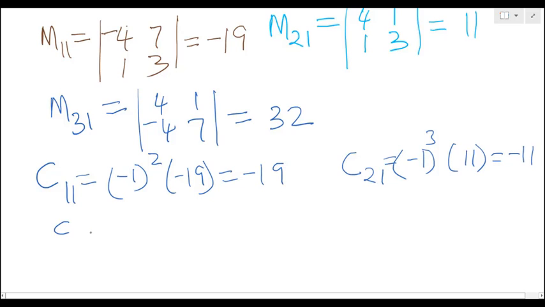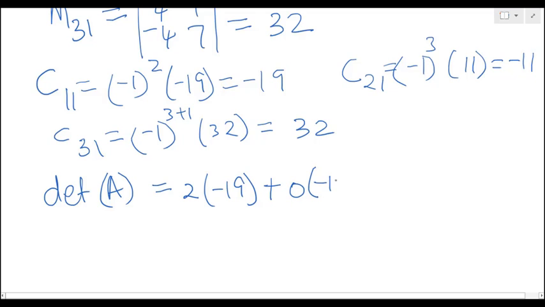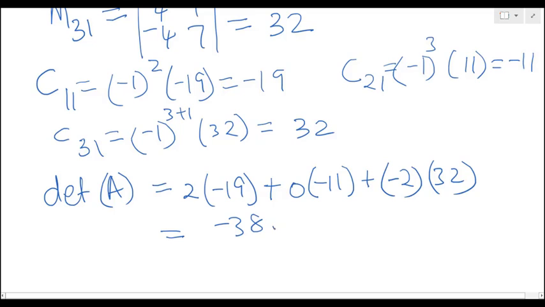And C31 is equal to minus 1 raised to 3 plus 1 multiplied by 32, and this is equal to 32. Therefore the determinant of A is equal to 2 multiplied by minus 19 plus 0 multiplied by minus 11 plus our last value, minus 2 multiplied by 32, and this reduces to minus 38 minus 64, which is equal to minus 102.